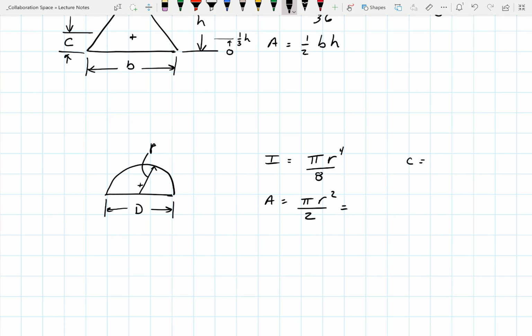And if that was in terms of D, pi D squared over 2 over 4, and what are we going to get? Do the math. Two drops to the bottom: 4, 8.